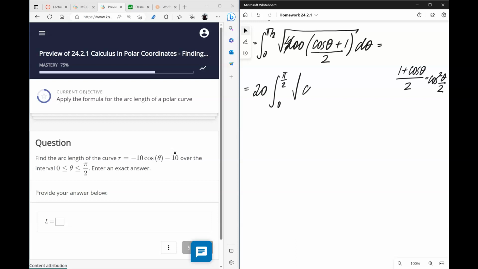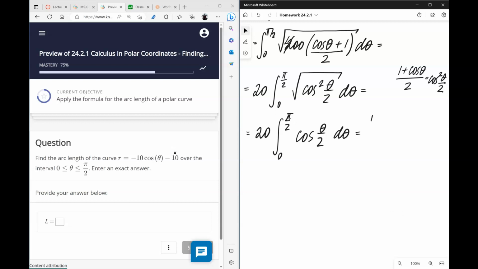So that's just an identity, the half angle identity. So we have cosine squared half of theta d theta, and we're going to take the square root of something squared, so it's going to be the absolute value, but because everything is positive, we can just ignore the absolute value.